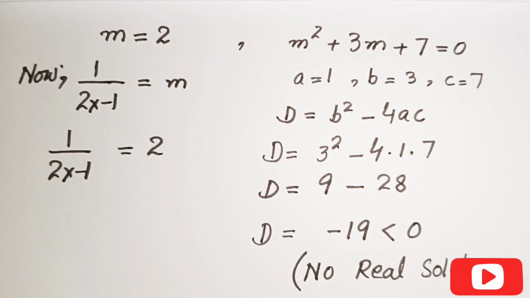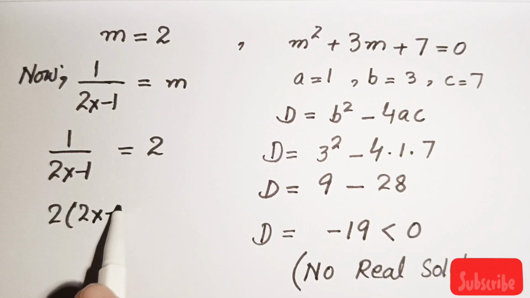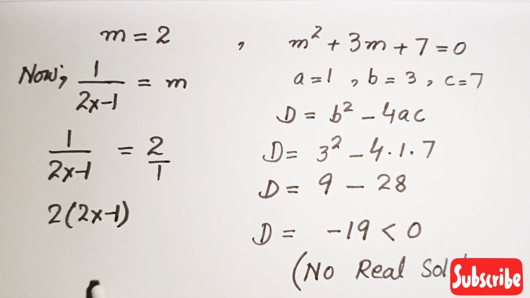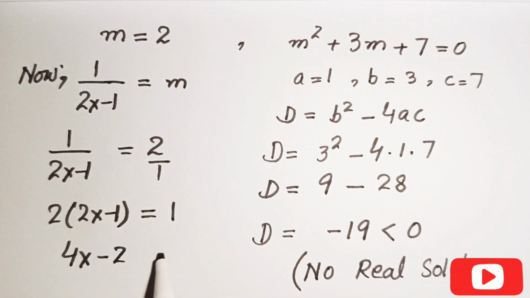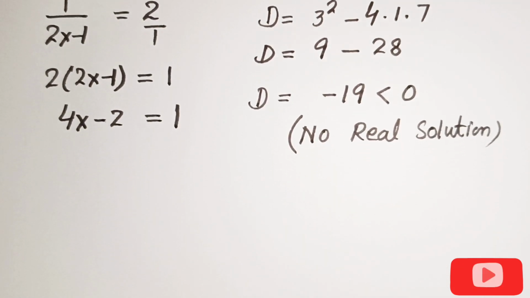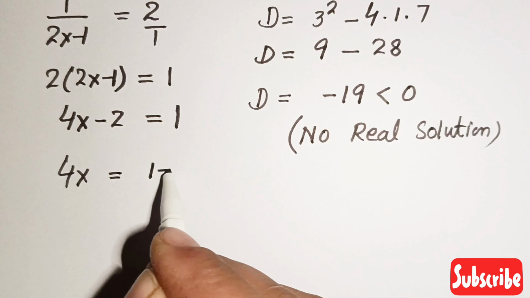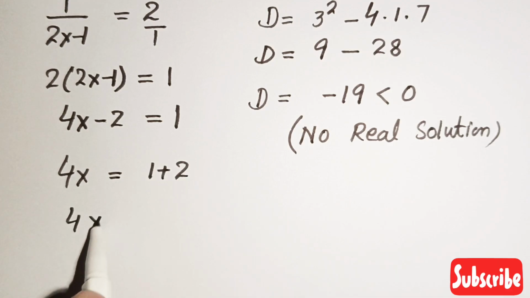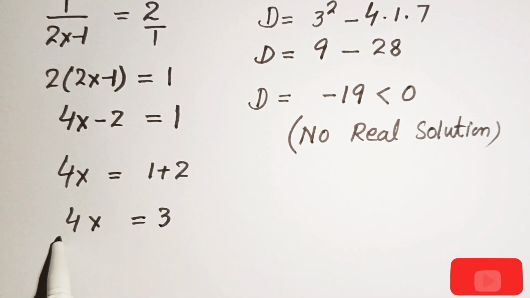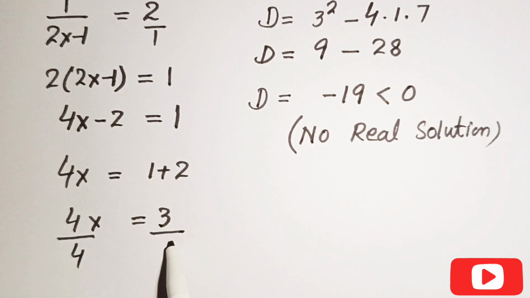Now by cross multiplication we get 2 times 2x minus 1, and here the denominator is 1, so 1 times 1 is 1. Now 2 times 2 is 4x minus 2, that is equal to 1. So if we shift minus 2 to our right hand side, here we will get 4x is equal to 1 plus 2. So 4x is equal to 3, and dividing both sides by 4.